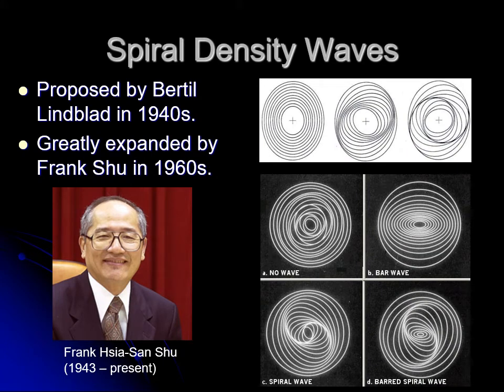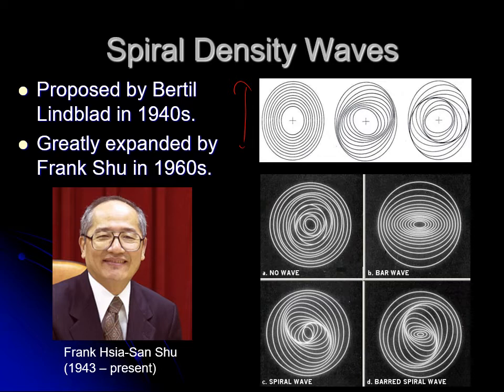Another idea was originally proposed somewhat earlier in the 1940s, but by the 1960s was substantially improved upon, was spiral density waves. And the way that spiral density waves work is to realize that in the spirals, if you somehow stretch a galaxy so that instead of being spherical and all the gas moving around in circular orbits, you stretch it a little bit so it's not really round, then the inner orbits are going to precess.